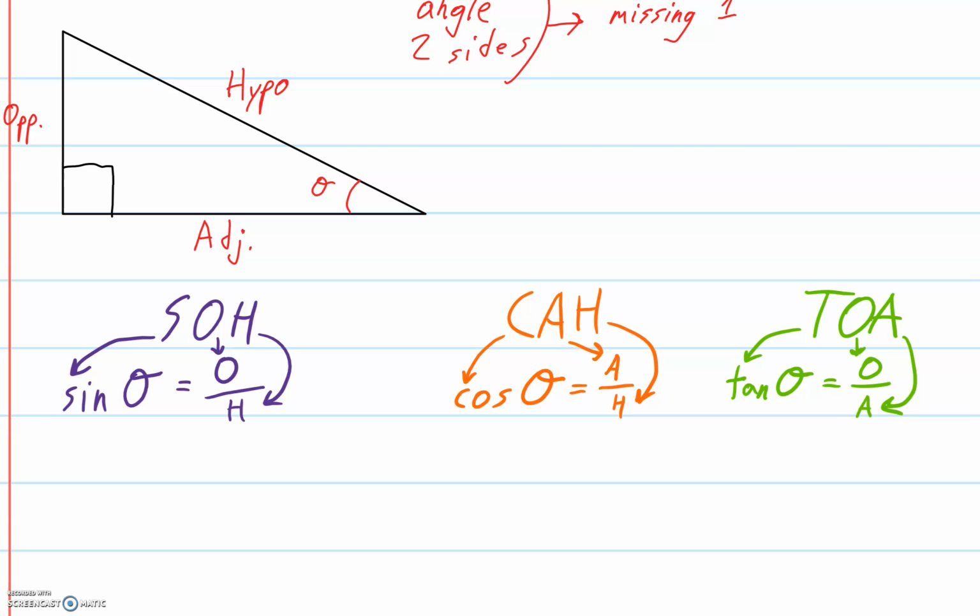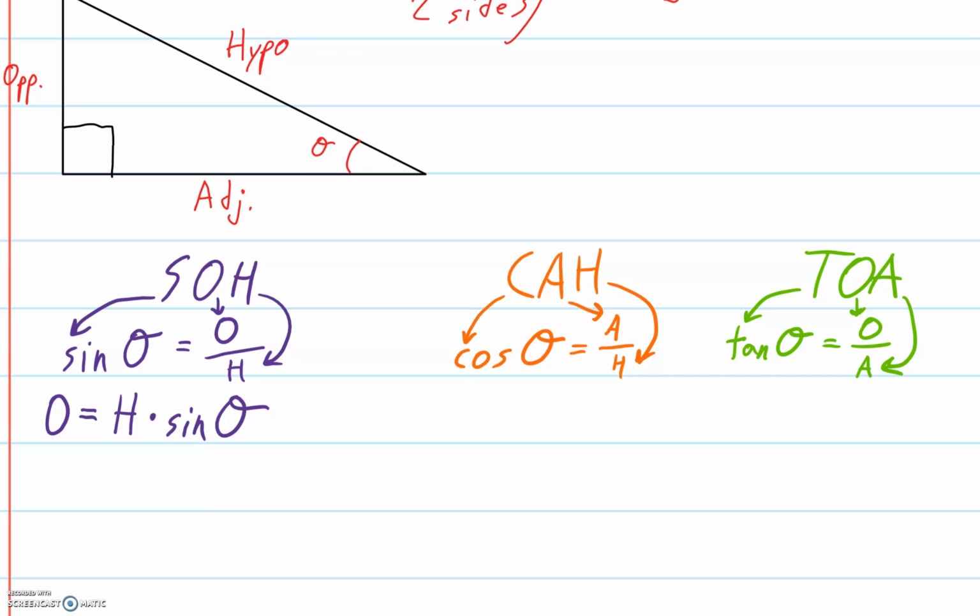So what we're going to have to do is move the h over to the other side. Right now it's dividing, so we use opposite operators. Opposite of dividing is multiplying. So now we have that opposite equals h times sine theta. All we did is move h over to the other side.